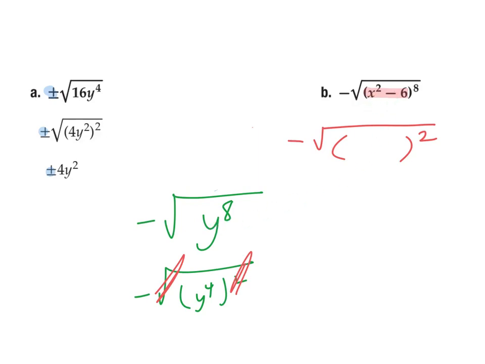I got rid of the x squared minus 6 to think of it in a simpler way, because it is just one thing. So the x squared basically didn't matter? It's just, we're saying the group is to the 8th power. The x squared minus 6 is the group. But we're not really doing anything with it.